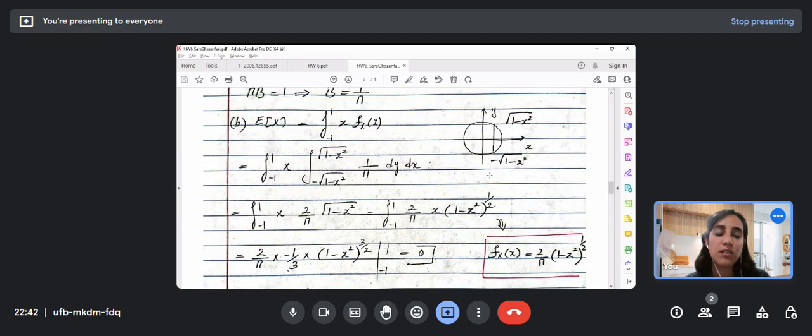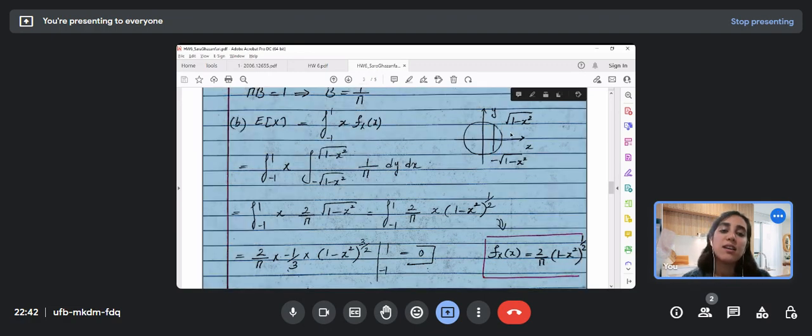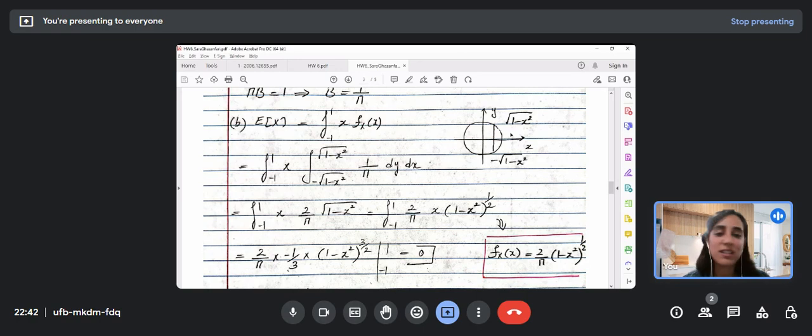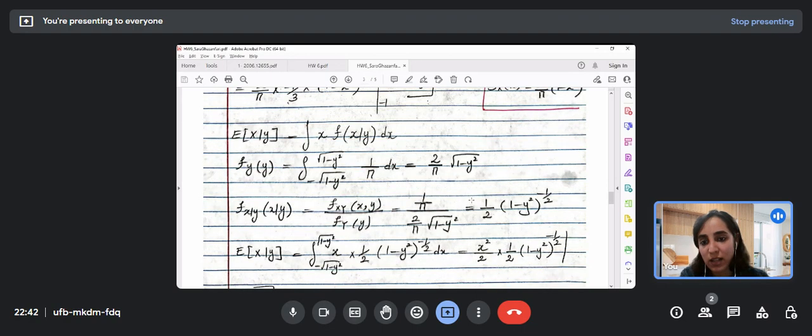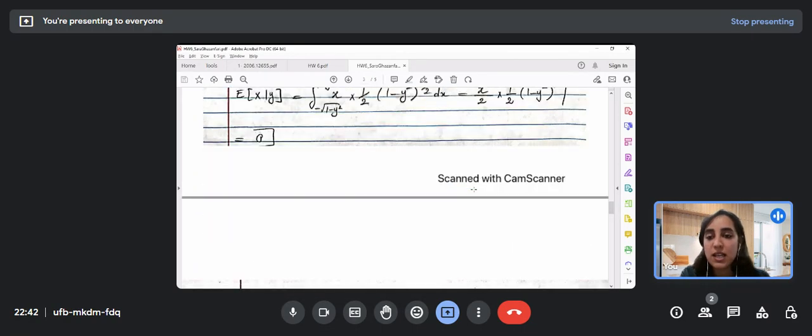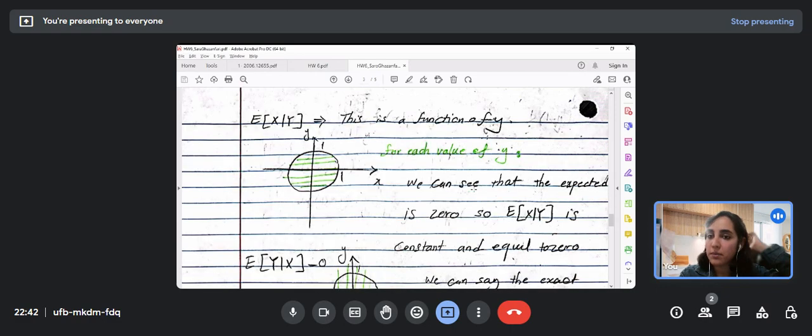Again, if we go to this diagram, we see that if y is specific, like the line that we have here, then the expected value is again 0, because these two parts are symmetric, so the expected value is going to be 0.